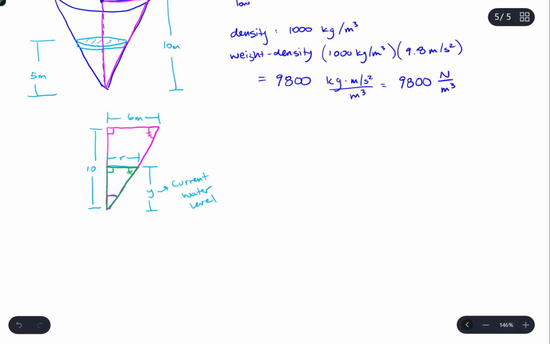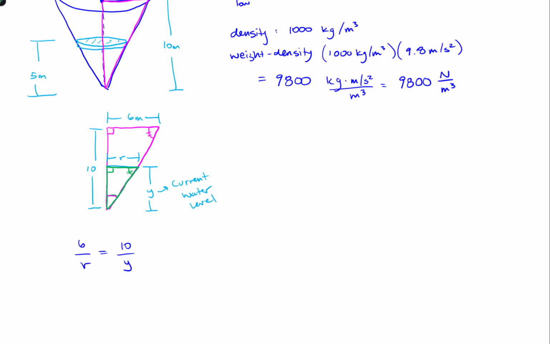And then what's important about similar triangles? Well, the ratio of sides of similar triangles is equal. So for instance, I could take 6 meters divided by r, so the ratio of this side, set that equal to the ratio of the other 2 sides, so 10 over y.